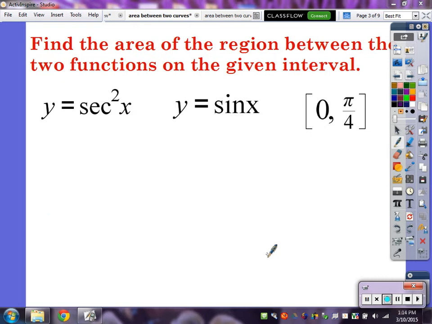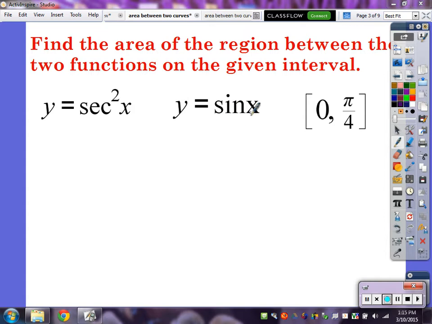Find the area of the region between the two functions on the given interval. y equals secant squared x and y equals sine of x, and the interval is from 0 to pi over 4. So without graphing, we need to determine what the top and bottom curve is here. And if you think through what you know about your trig functions, you'll be able to do that.